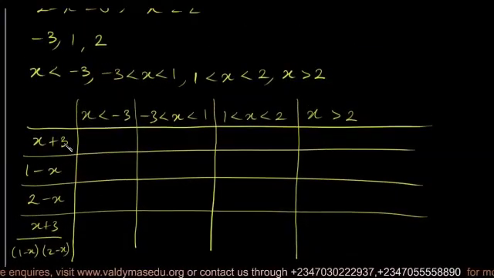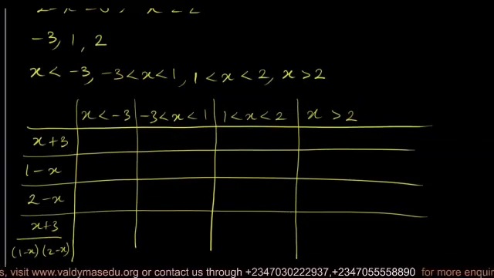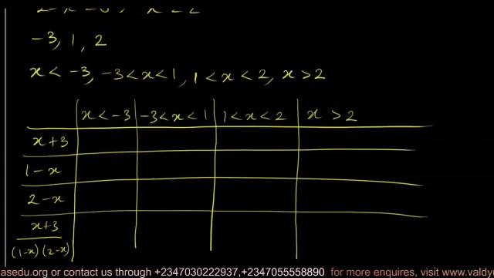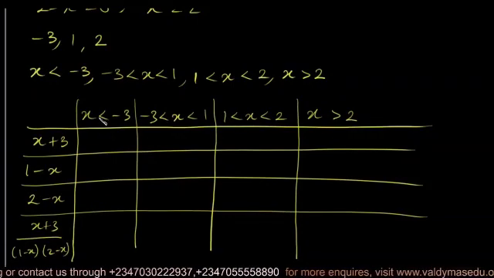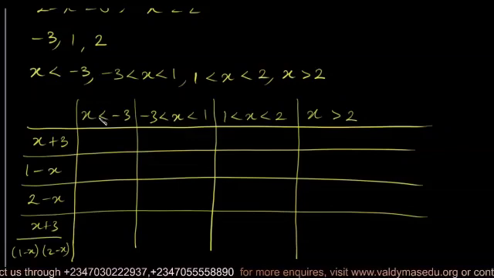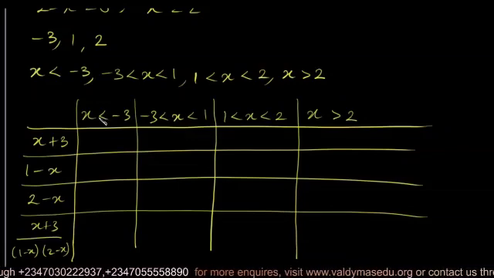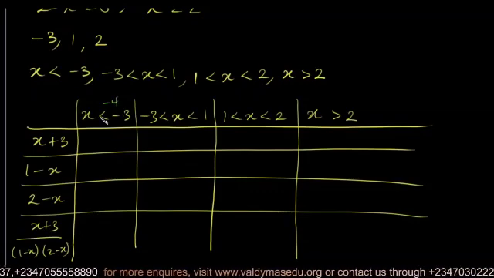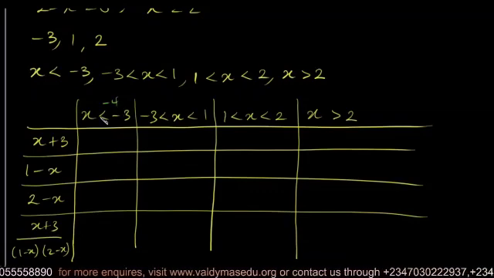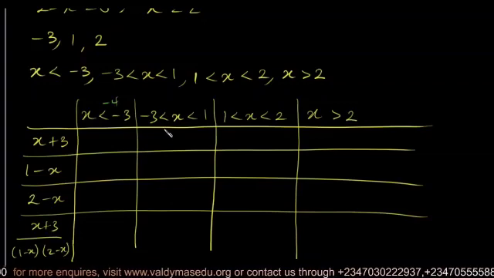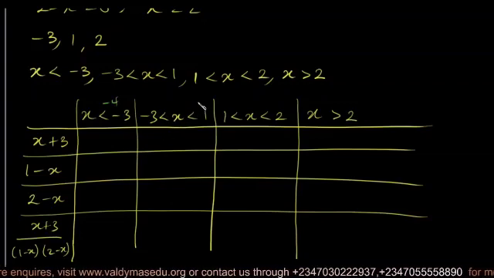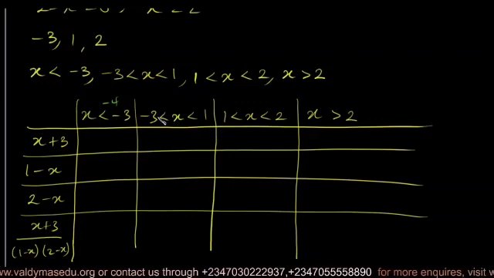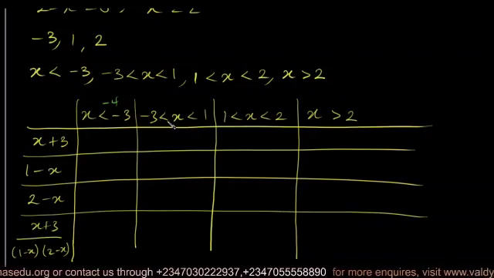Now the next thing you do is check. We have x less than minus 3, so you choose any number that is less than minus 3. I will choose minus 4. You can just write it on top like that. Then we have minus 3 less than x, less than 1, so you choose a number greater than minus 3 but less than 1.